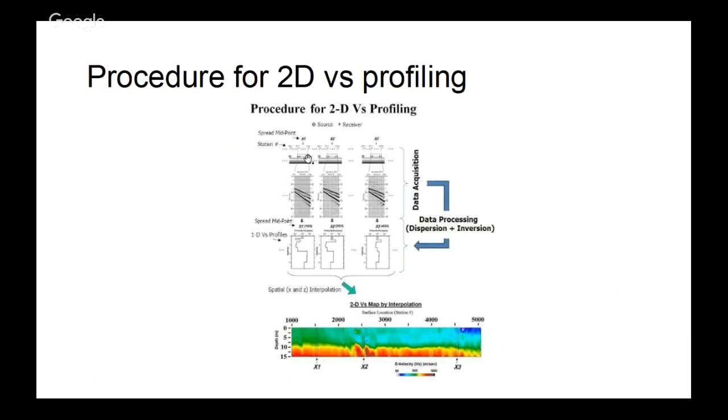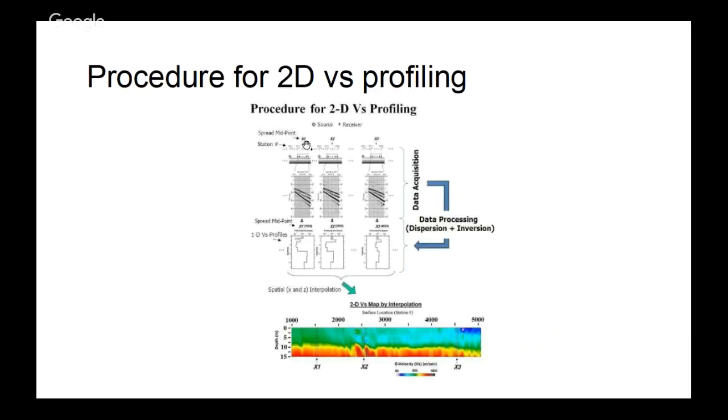And then we're selecting a point that basically just mimics the middle of that spread. So the midpoint distance from geophone 1 to our last geophone. We're picking the middle of that, and we're doing our dispersion analysis to come up with a 1D shear wave velocity profile at that center point location.